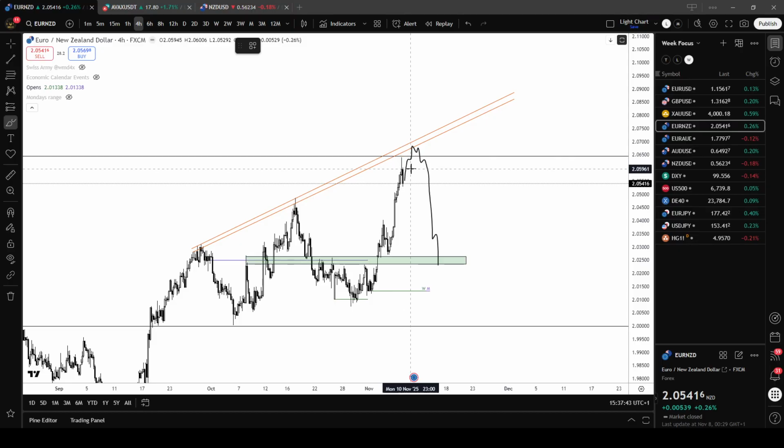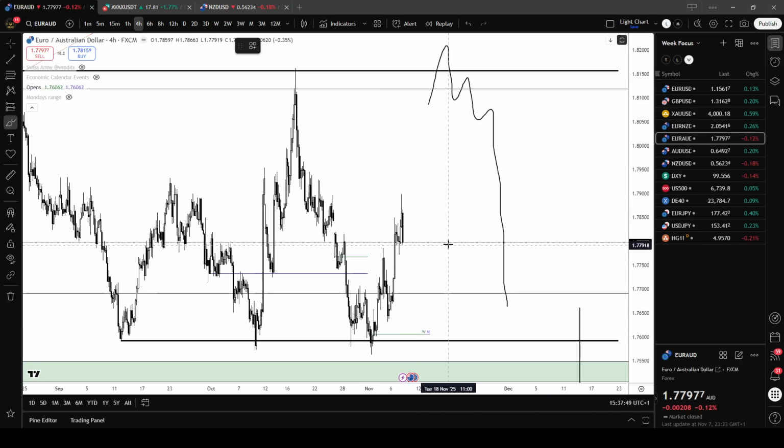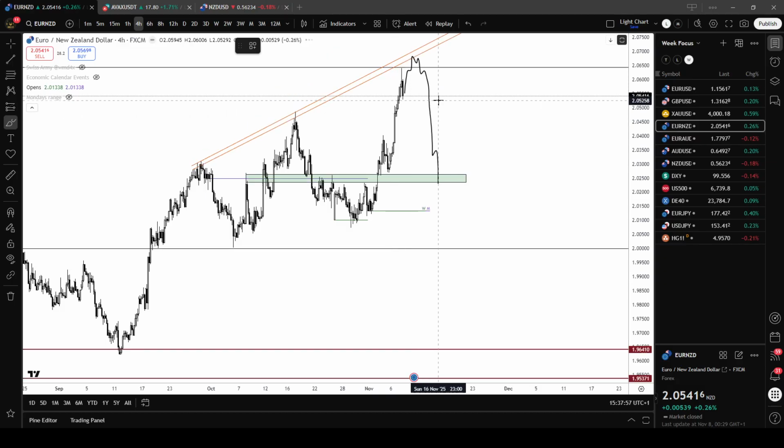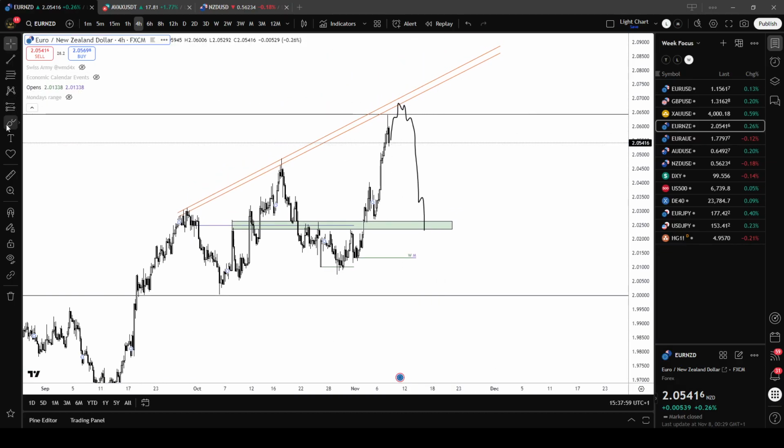I don't know, because I'm expecting a bit of bullishness on EURAUD. I don't know if it runs these highs, but if EURAUD did that, you're very likely going to have Euro New Zealand do that.